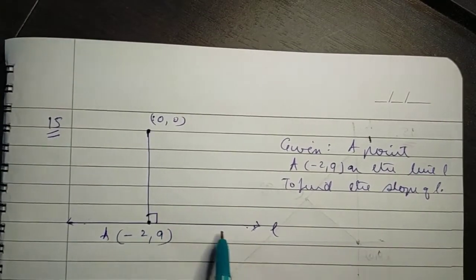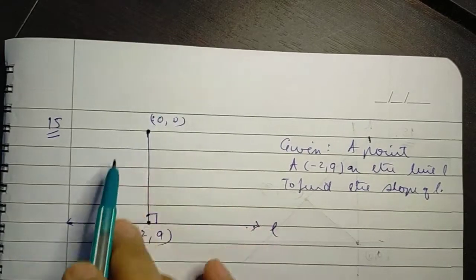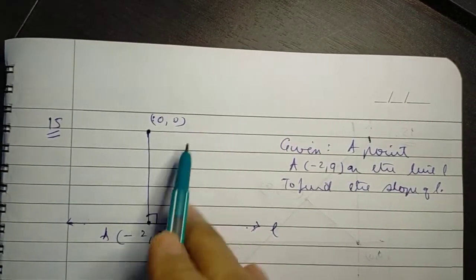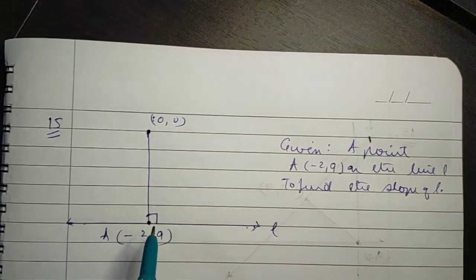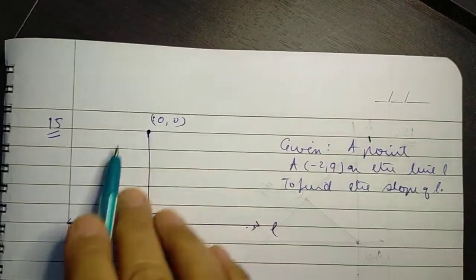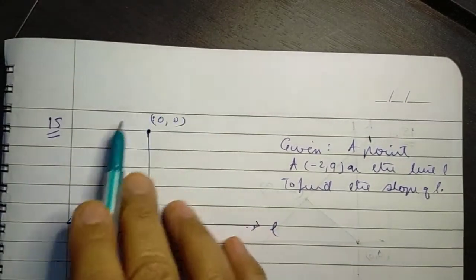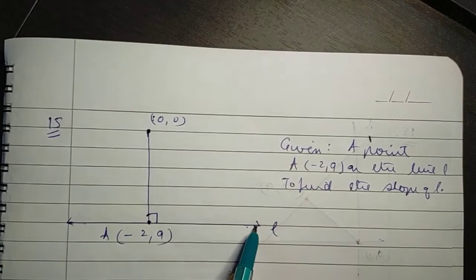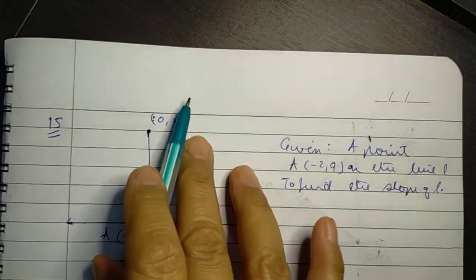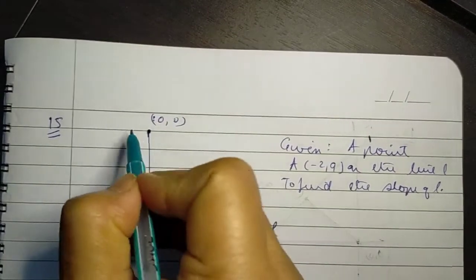Now how do we get the slope? Another condition given to us is a line which is perpendicular to this line. So obviously the slope of the required line would be minus 1 upon the slope of the line which is perpendicular.